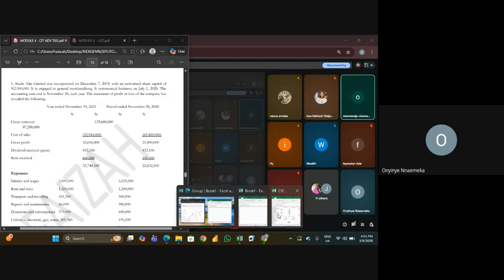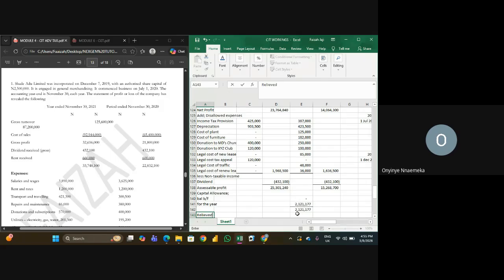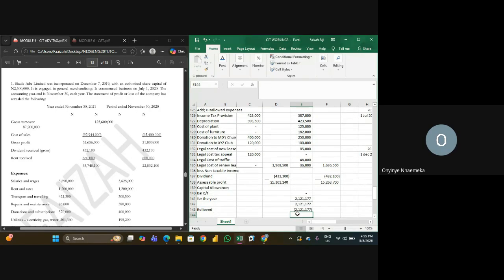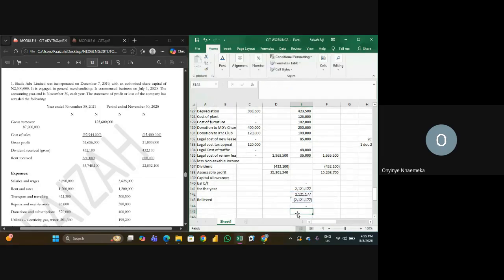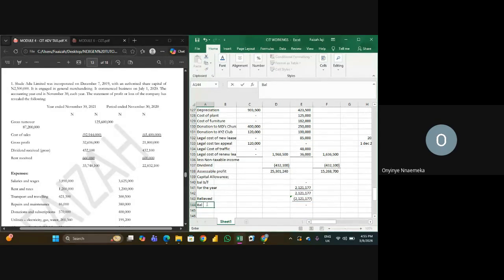Okay, let's continue, please. So we are relieving everything. Balance carried down is going to be 0. So balance carried down is 0.